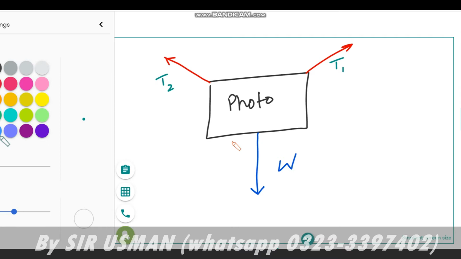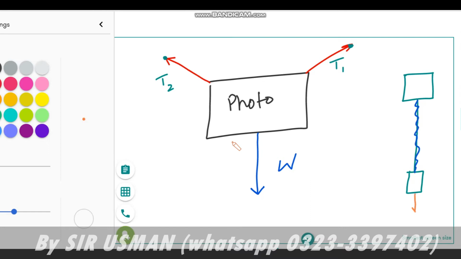So how do we get this tension T1 and T2? Because it is hung on the wall using a string, and in strings, the force we have is the tension force. We have studied in O levels different types of forces, and tension is one of them. So what is a tension? Let's say you are holding a bucket in your hand, so it is attached with this string.